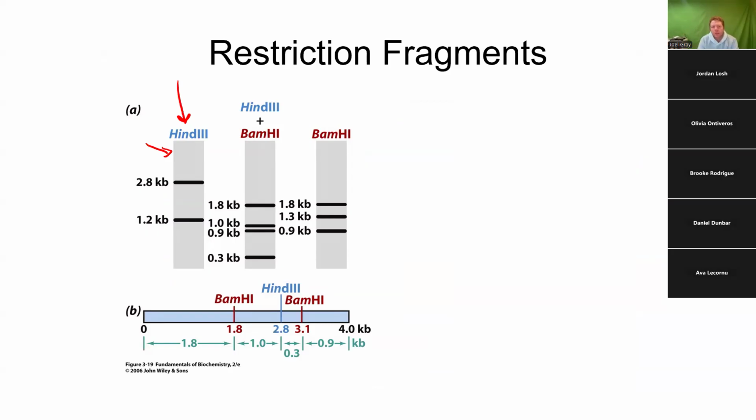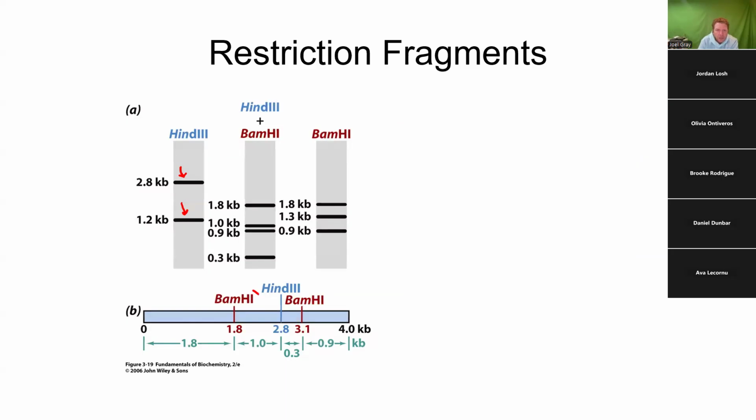What this is showing is 2 bands that correspond to pieces of DNA that result from being cut with this molecule right here, with this restriction endonuclease, HindIII. Now, one thing that people can do is they can take multiple restriction enzymes and cut one piece of DNA with multiple restriction enzymes, and then they can map them.